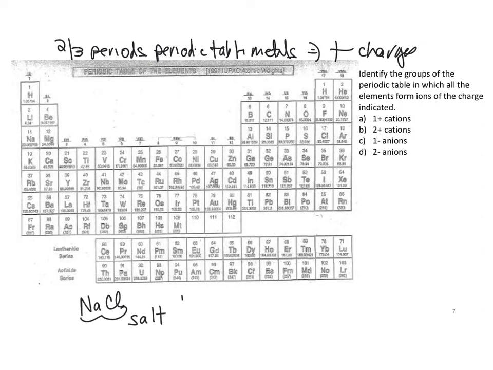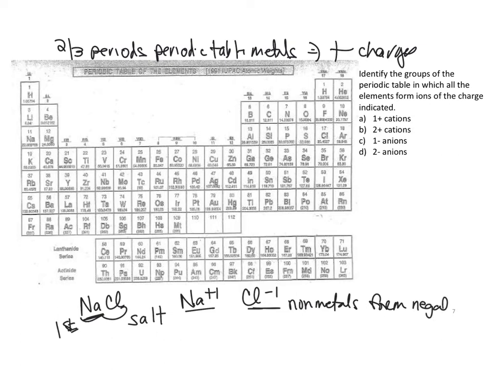The sodium is a +1, the Cl is a -1, and the positives are always first. These are nonmetals. Nonmetals form negatives if they're going to form a charge, and they come together and have to sum to 0. That's how compounds form, and this is sodium chloride.